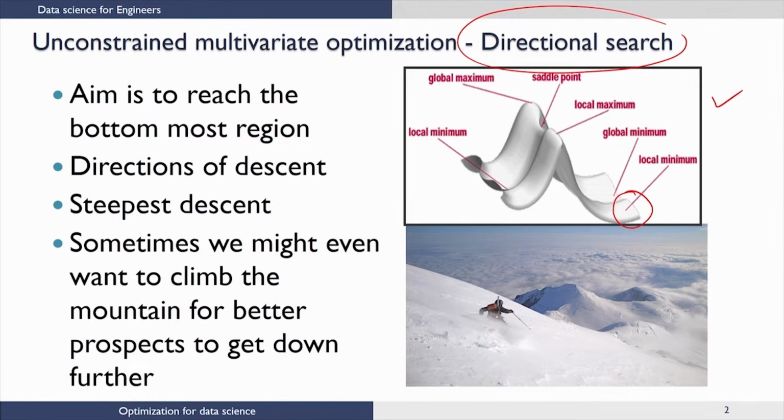However, this is a local minimum because right next to it there is another point which is even lower, which we call a global minimum. We also see that there is a local maximum here, a global maximum here, and there are also points such as these which are called the saddle points.